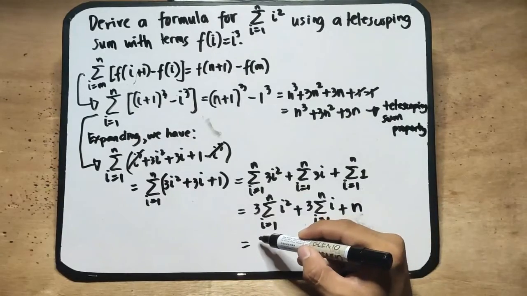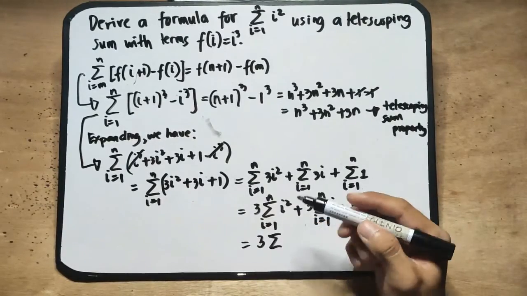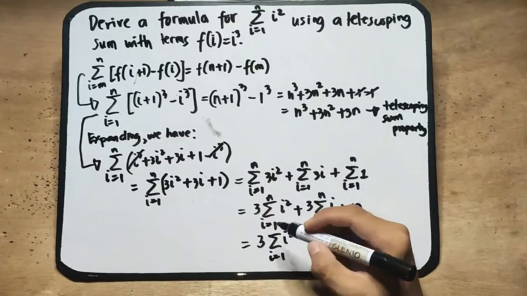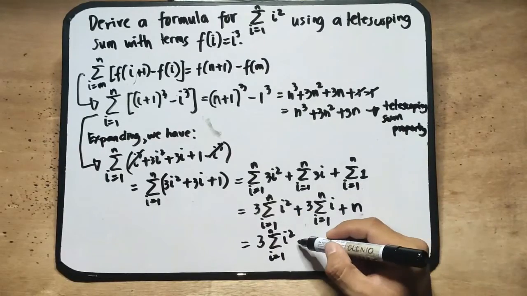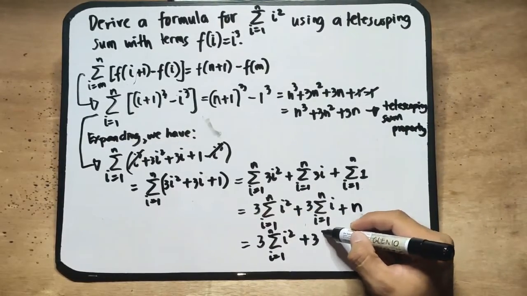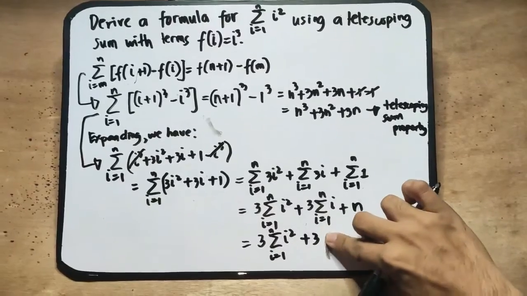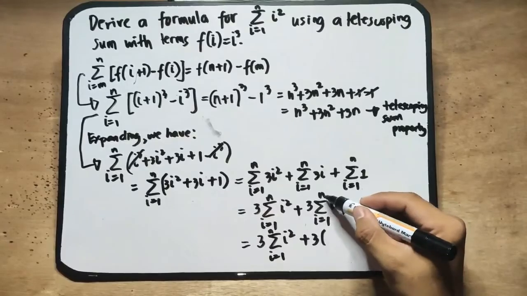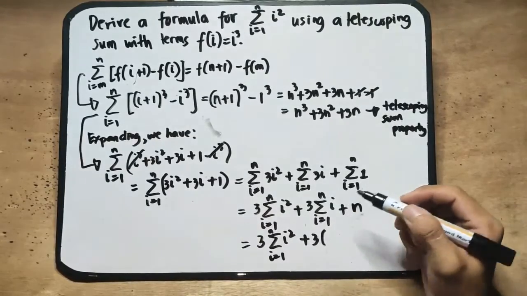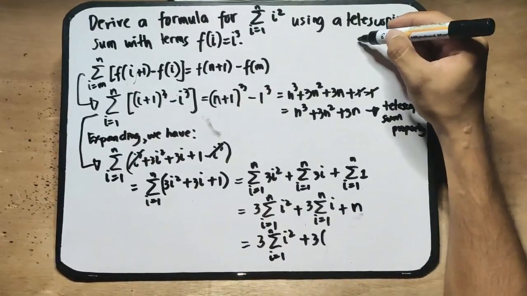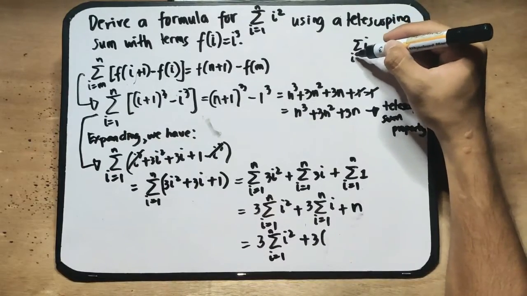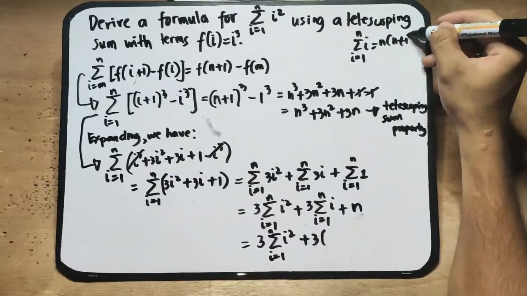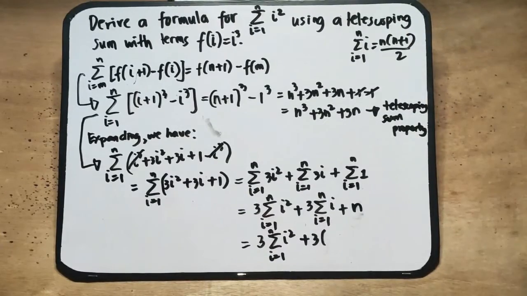So this will give us 3 times the summation of i squared from 1 to n plus 3 times. So we know the formula here. Ang formula para sa part na to, the summation of i, given na siya. So summation of i from 1 to n is equivalent to n times (n plus 1) all over 2.